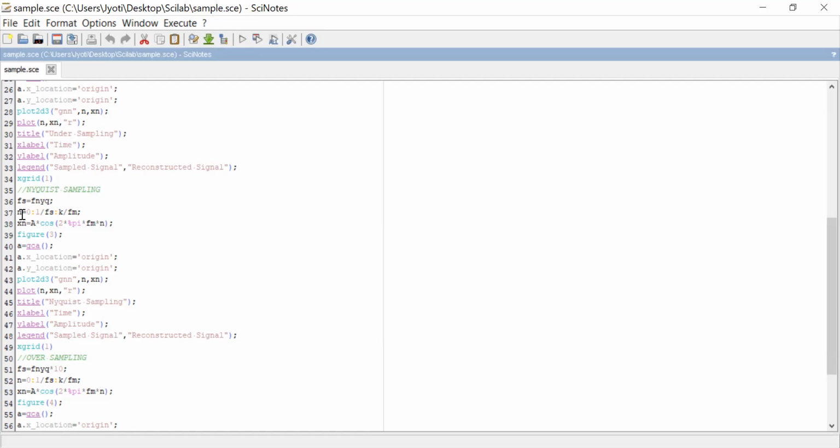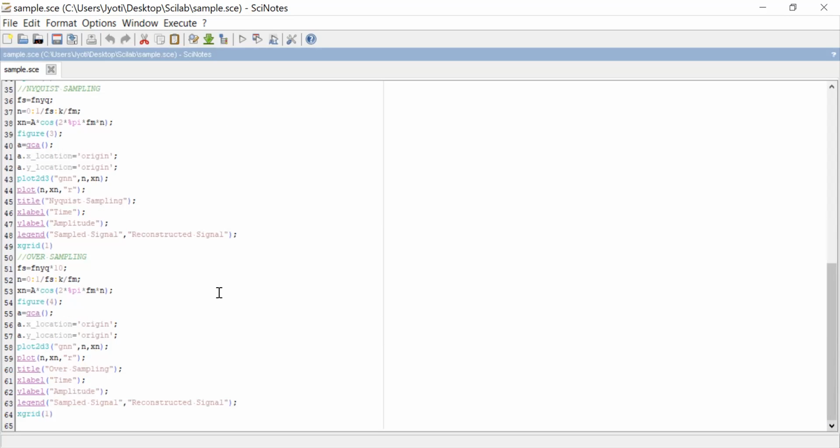Same procedure: take the time divisions n, then plot the signal x of n for this Fs, then draw the graph using where the x-axis will start, where the y-axis will start, and the plot. Again I have taken red color for the plot, then title, x label, y label, legend. The legend will indicate the color. Two colors of graph we are using. Red color indicates what, black color indicates what, it will be displayed in the graph. Similarly here also you are using the grids.